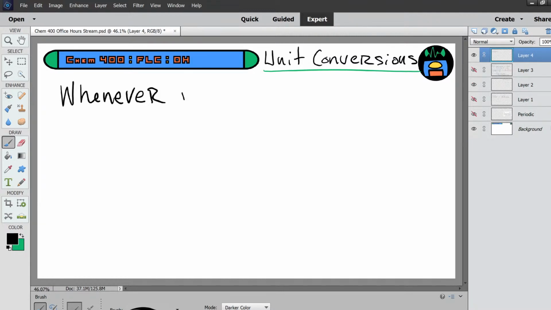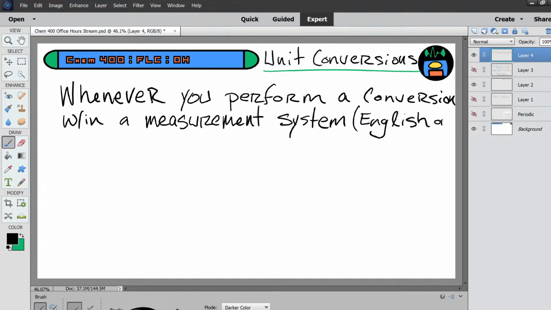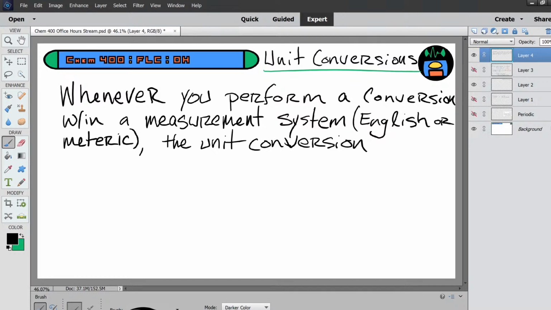So whenever you perform a conversion within a unit system, or I should say a measurement system, and by measurement system, I mean English, like within the English system, or, for example, within the metric system, as long as the units are all within the same system, the unit conversion will never limit your sig figs.